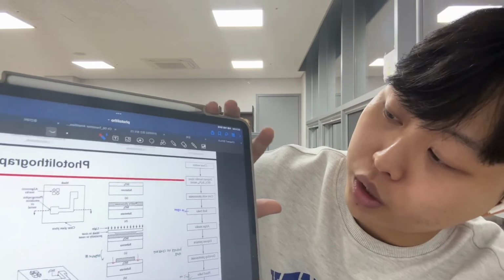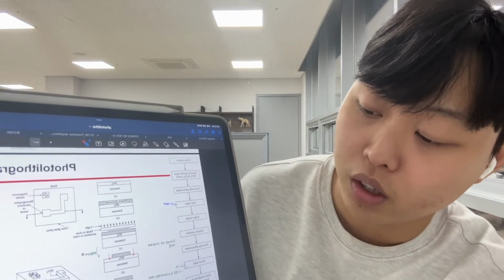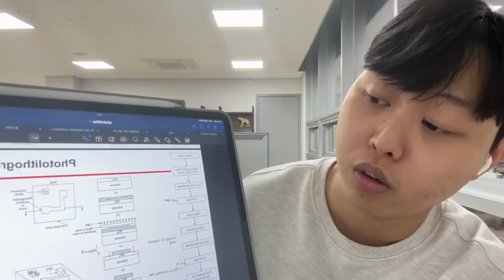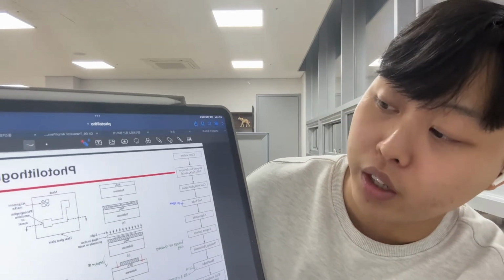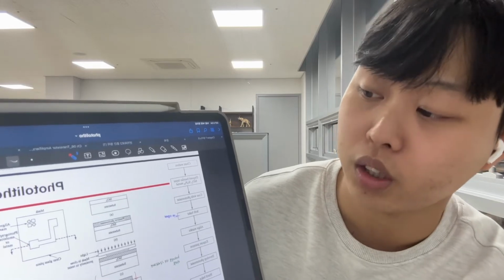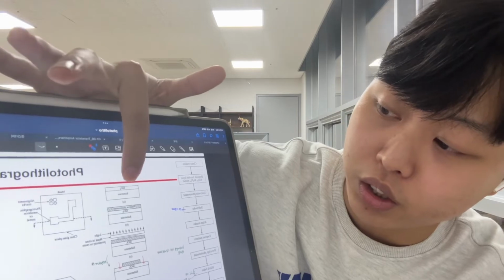First of all, we clean the wafers, which is the most important part, because if there are a lot of particles on the wafers, it will be hard to make a product. We deposit the barrier layer by using silicon dioxide or any metals that we want, as you can see here.